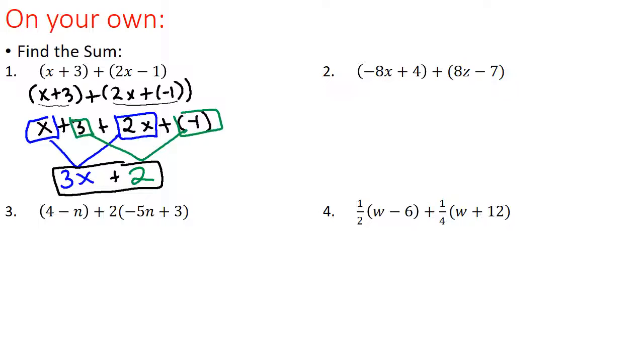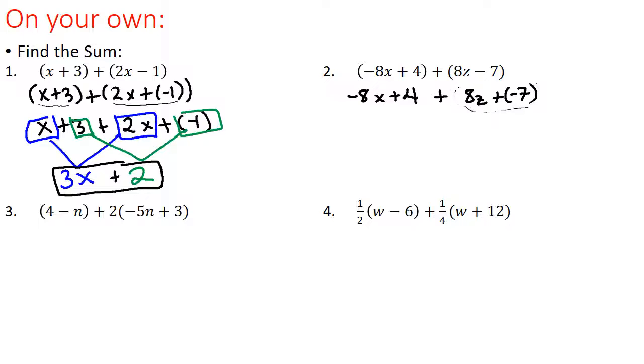Okay, now as I look at this next one right here, I have negative 8x plus 4 plus 8z minus 7. So I can rewrite this as negative 8x plus 4 plus 8z plus negative 7. Now that I've done that, I can see that this is as simplified as it gets over here, so that we can drop out my outside parentheses.